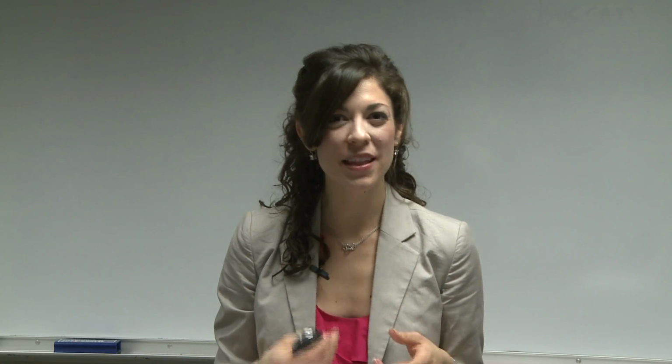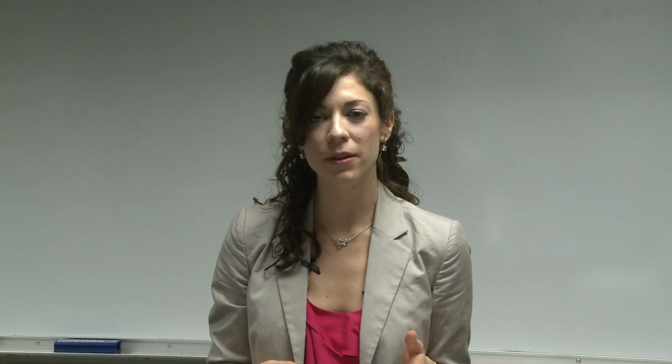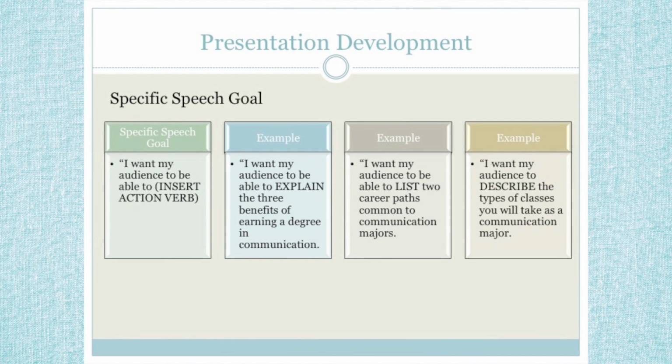Well, if they can list them, then I know that they know. The same thing is true of someone who can believe something. I want them to believe that pursuing a degree in communication is a wise choice. Well, how do I know that they believe it? They can explain to me why it would be a good choice for them. So I want you to use some action verbs in your specific speech goal. And the specific speech goal is simply giving you direction for your presentation.